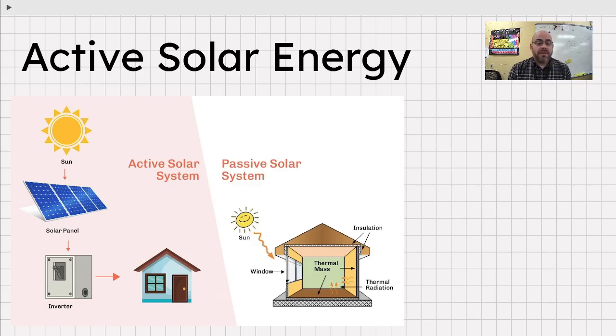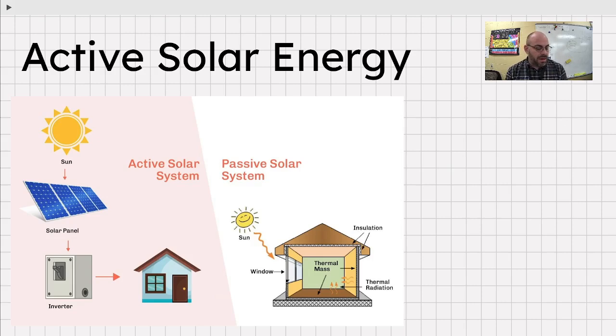A couple of different kinds of solar energy. Active solar energy is where the energy that is gathered from this solar panel is used to move something, say like water or air, and circulate those things in order to store energy, to spin turbines or whatever in order to store energy, right?